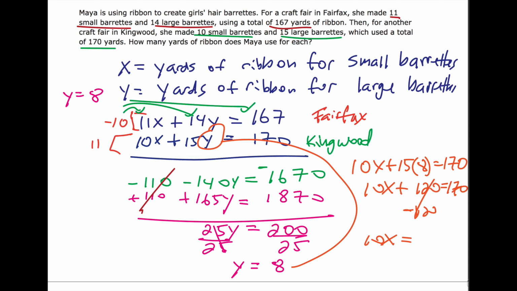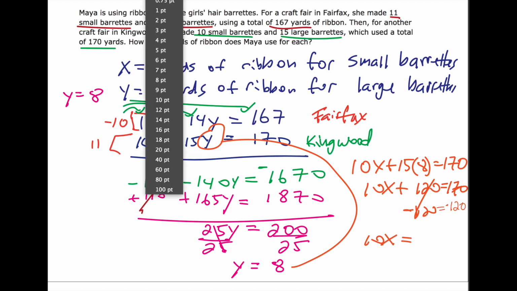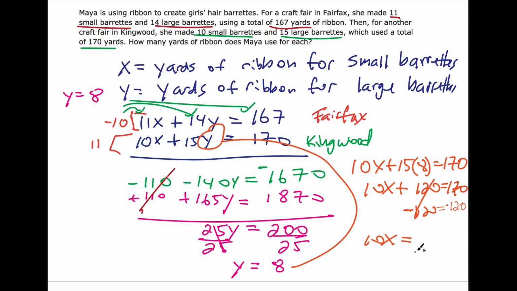One sec. Equals, right, that's minus 120. It's a little better. All right, so 50. Yeah, 10x is 50. All right, divide by 10, divide by 10, and we have x equals 5.